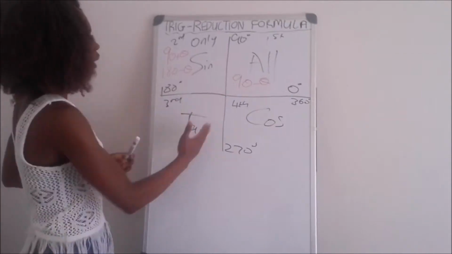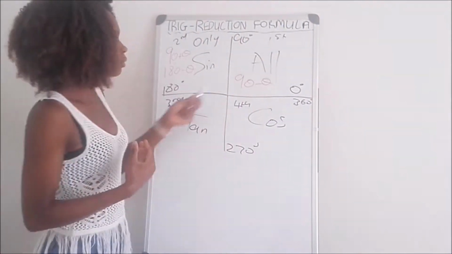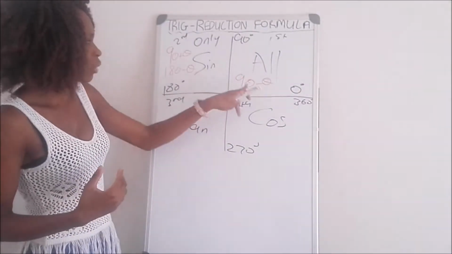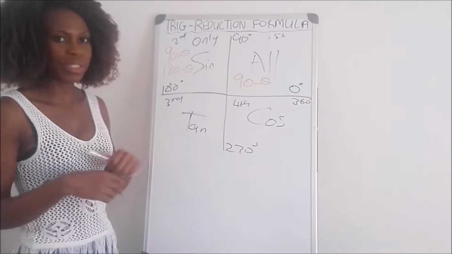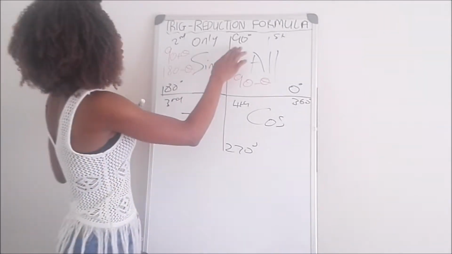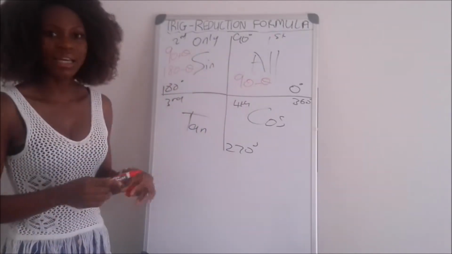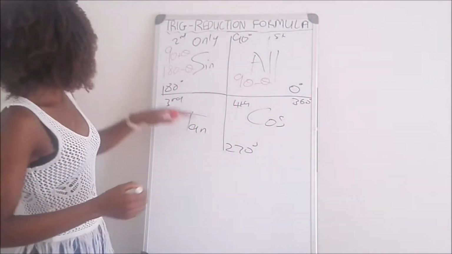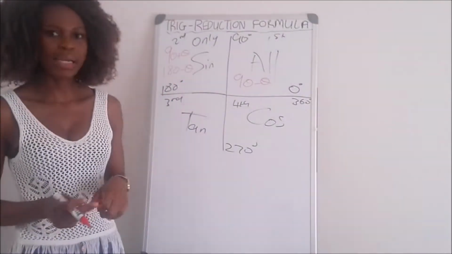In the first quadrant, because it's below the 90 degree axis, that's why it's 90 minus theta. In the second quadrant, it's 90 plus theta, because the angle is after the 90 degree axis. And 180 minus theta, because it's behind the 180 axis.